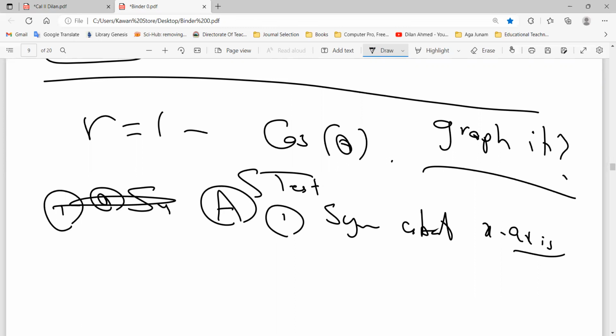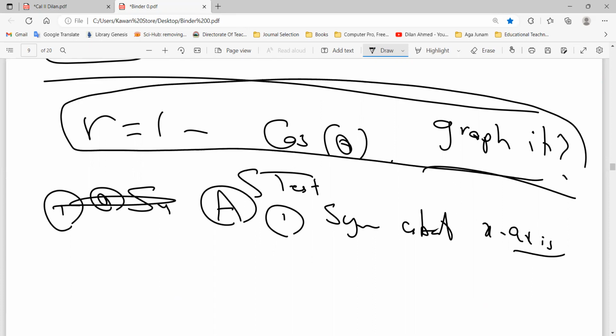How do you know whether that one is symmetric about x or not? Nothing else. One line. Graph the following curve: r equal to 1 minus cosine theta.